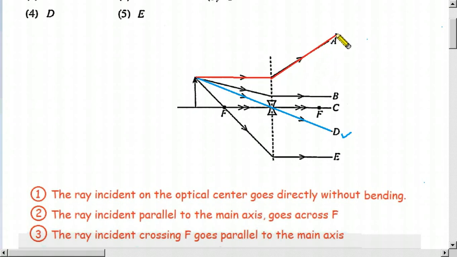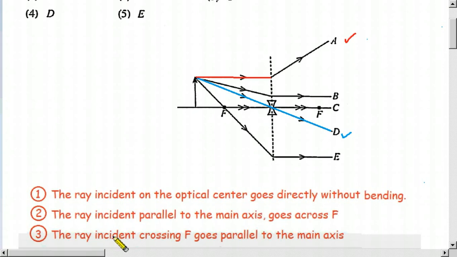It is leaving as if it is coming from this focal point. The ray incident parallel to the main axis goes across F, but not as a real ray. It is virtually going through F, so it is correct.